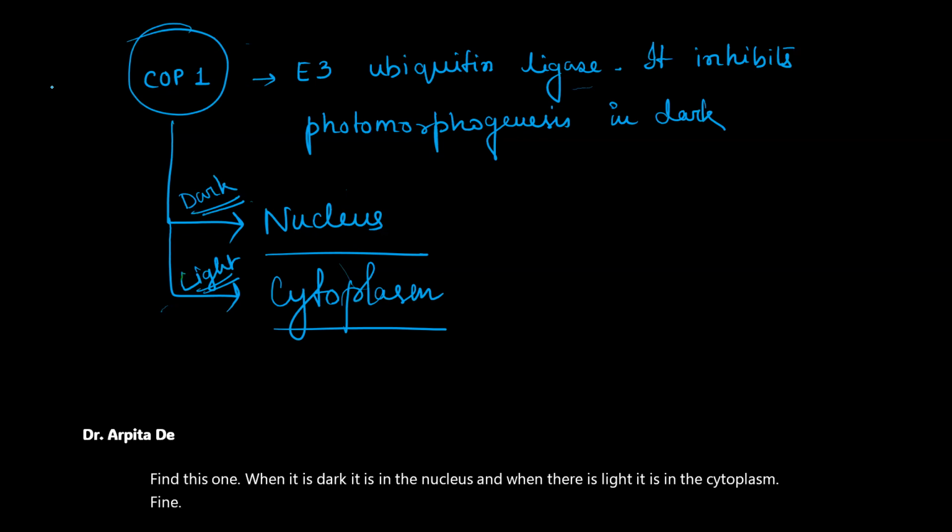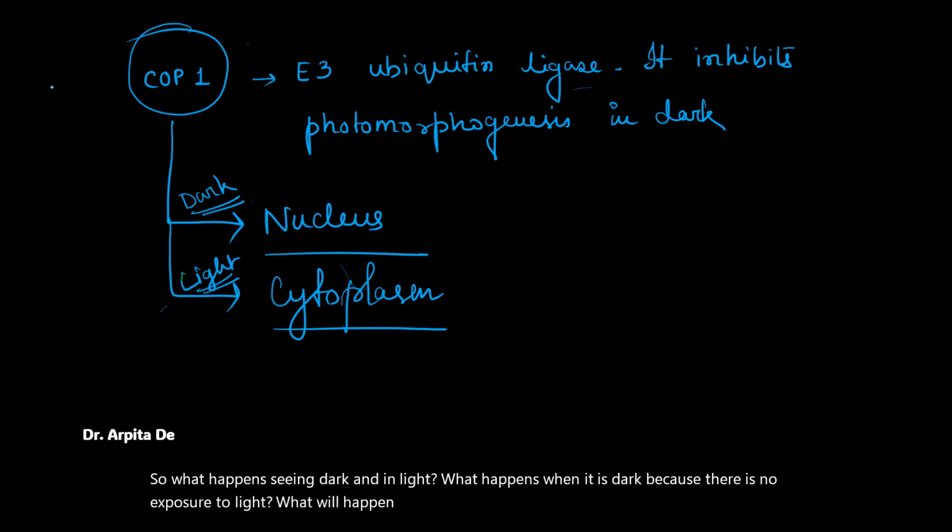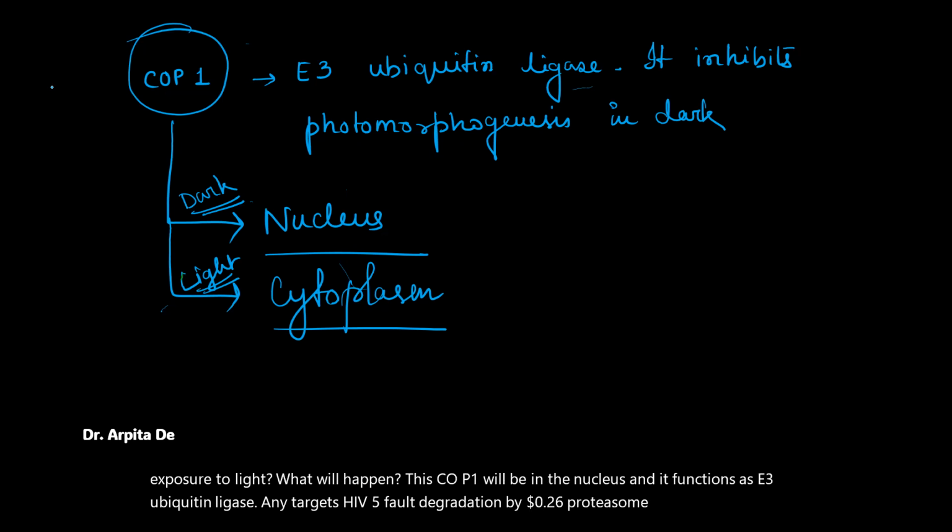So what happens in dark and in light? When it is dark, that is, there is no exposure to light, COP1 will be in the nucleus and it functions as an E3 ubiquitin ligase, and it targets HY5 for degradation by 26S proteasome, as I told you.